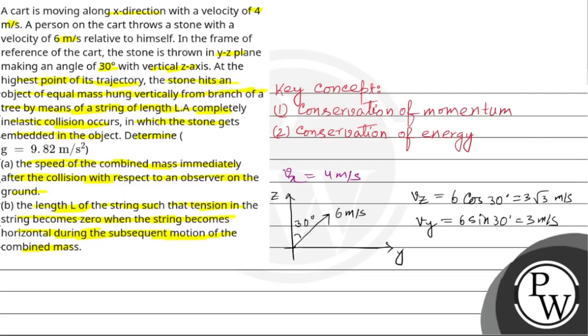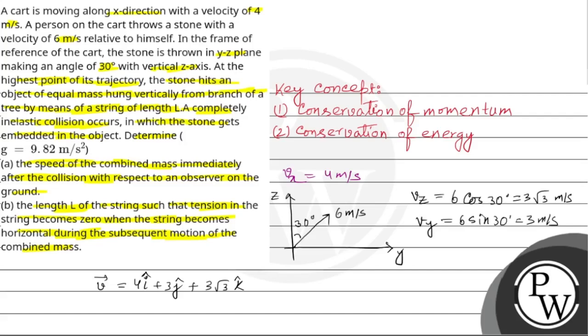Okay, so now we can say the velocity of the stone, v vector, equals 4 i cap plus 3 j cap plus 3 root 3 k cap. Now we are told that at the highest point of its trajectory, the stone hits an object of equal mass hung vertically from a branch of a tree by means of a string of length capital L. A completely inelastic collision occurs in which the stone gets embedded in the object.